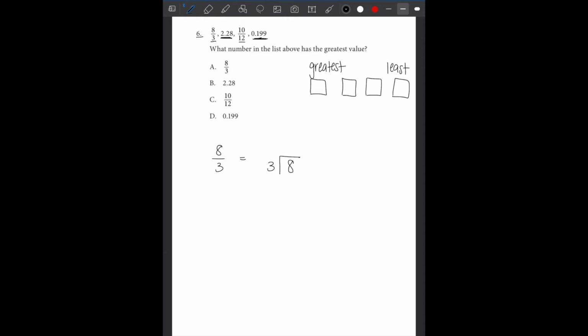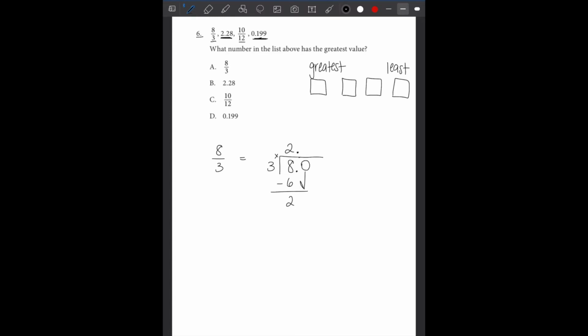So I'm going to do this. 3 can go into 8 how many times? 2. 2 times 3 is 6. We subtract, we get 2. So we have to continue, so we add a decimal place right here. We're going to add that decimal place up there as well.